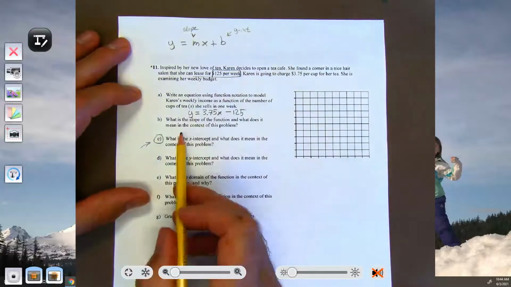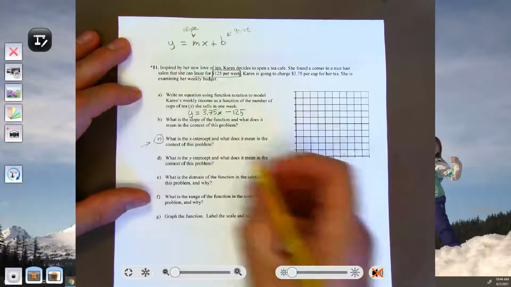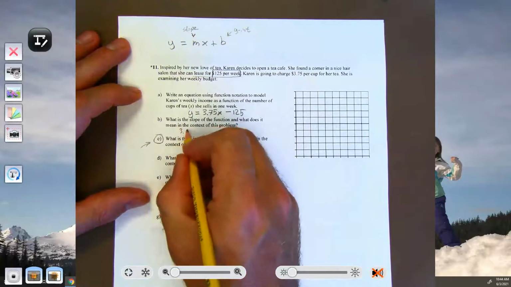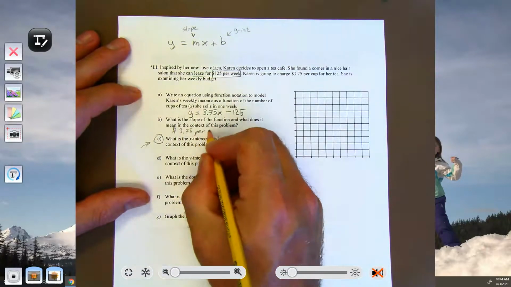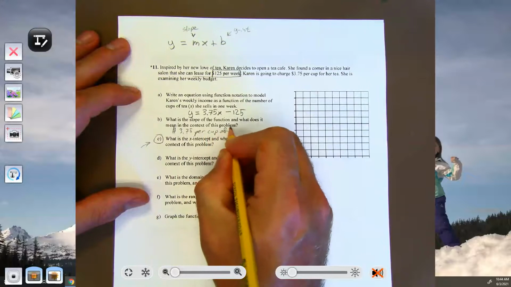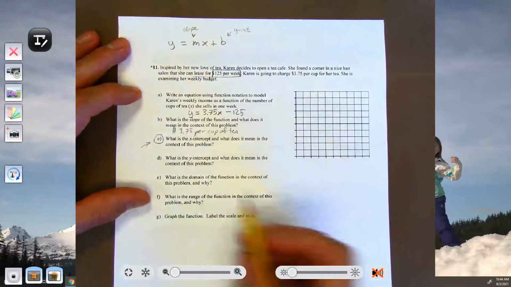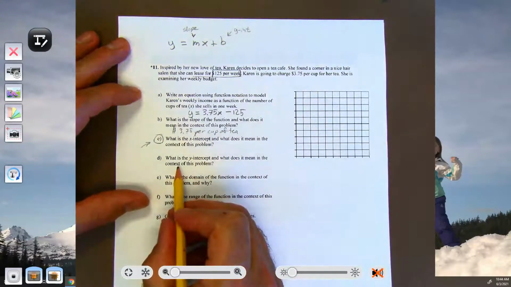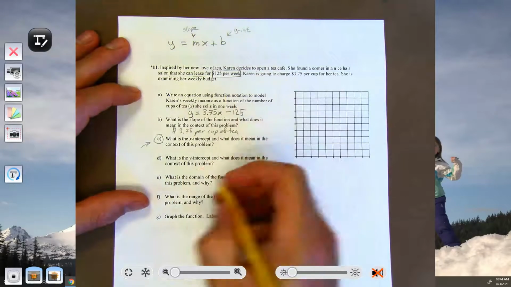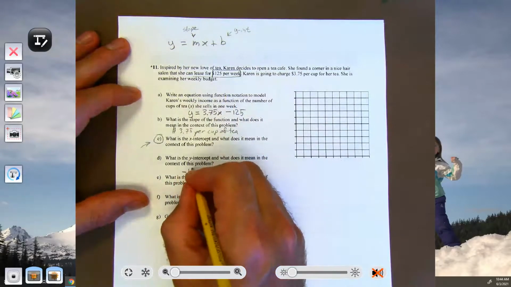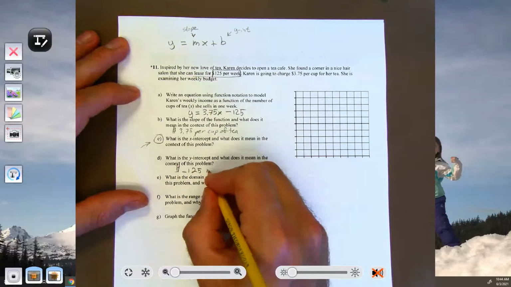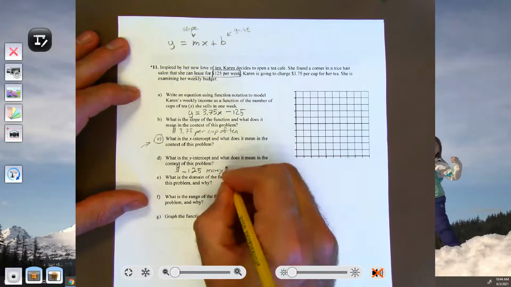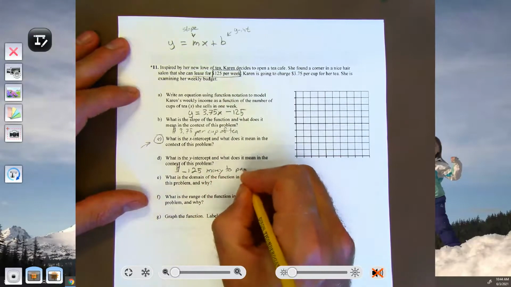The slope is 3.75, so $3.75 per cup of tea. The y-intercept, which is b down here, we know is negative $125. So negative $125, that's money to pay in rent.